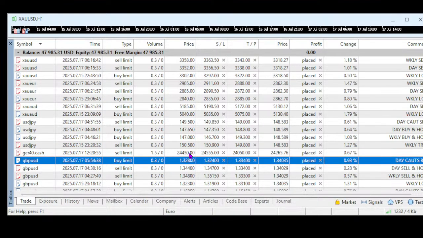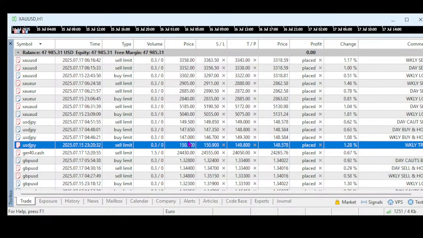Then the German index. We were trying to sell at 430, and right now we are away by 170 points, so this is also not near. The dollar yen also seems to be not near.